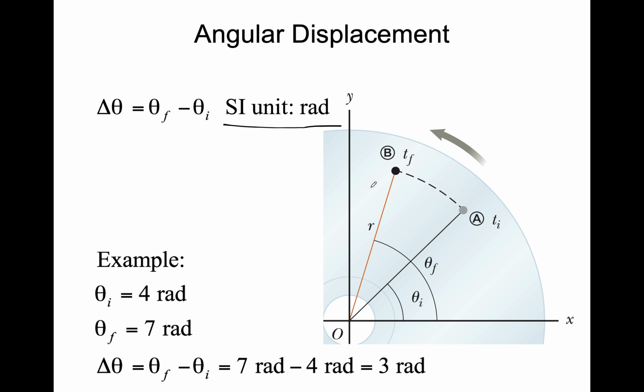For example, if the initial angular position is 4 radians and the final angular position is 7 radians, while A and B do not necessarily correspond to those two angles, the angular displacement is 3 radians.